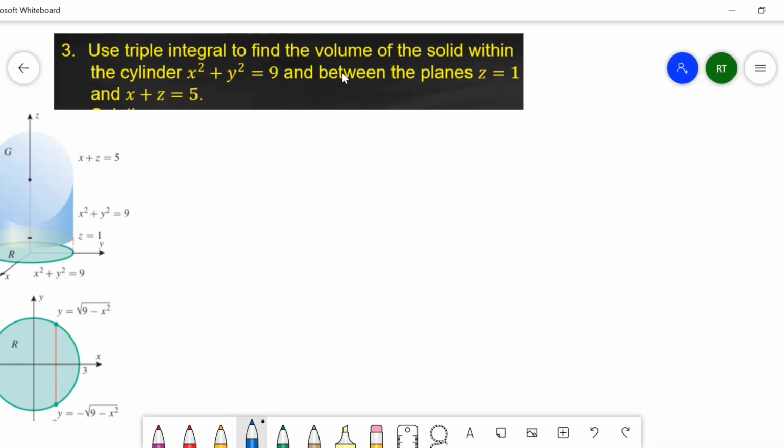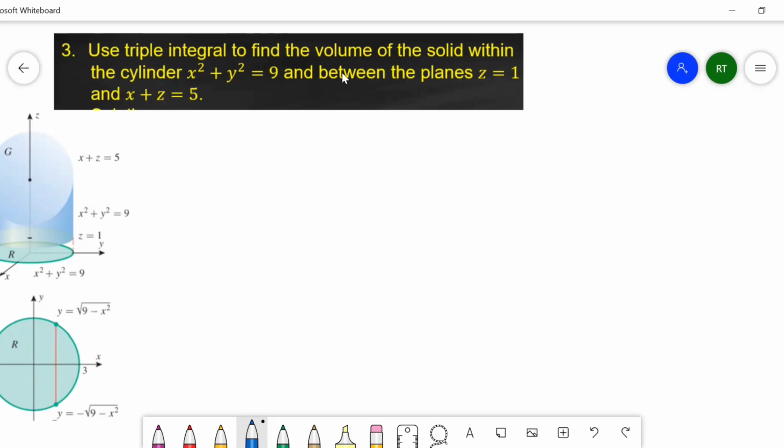Okay, if we have a cylinder x squared plus y squared is equal to 9, then it is a circular cylinder. Therefore, we can draw the trace on the xy plane, which is a circle whose center is at (0, 0).